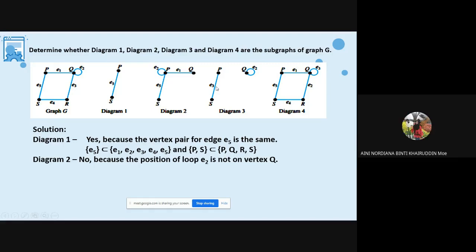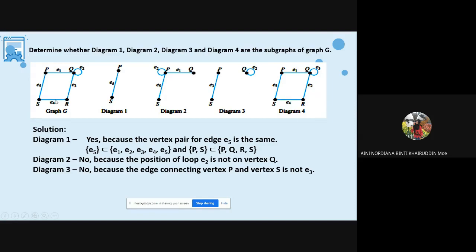Because here E3. But for vertex P to S, got E5. Bila tak sama sahaja, automatically become not a subgraph. Okay. So because the edge connecting vertex P and vertex S is not E3, it's actually E5. So not a subgraph.